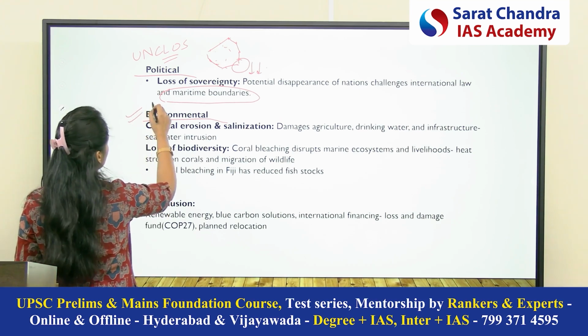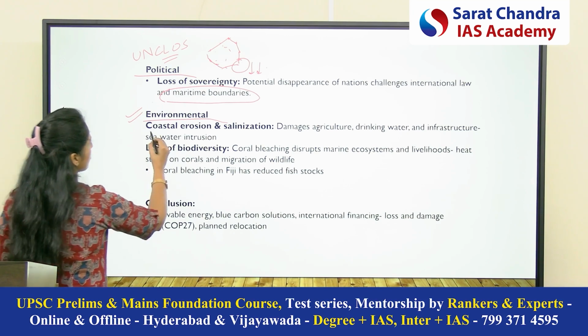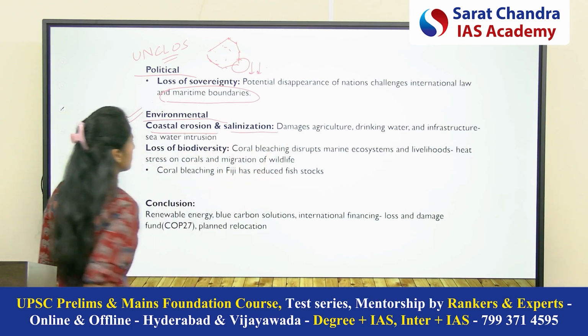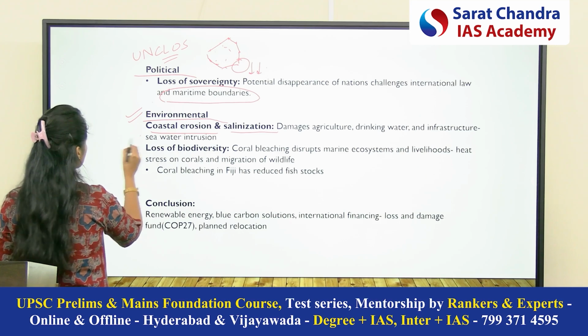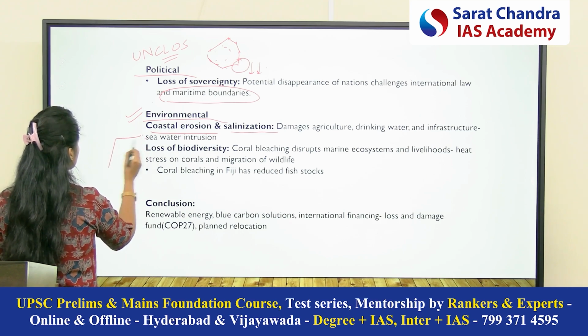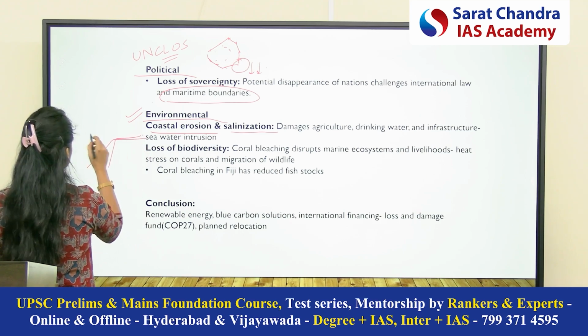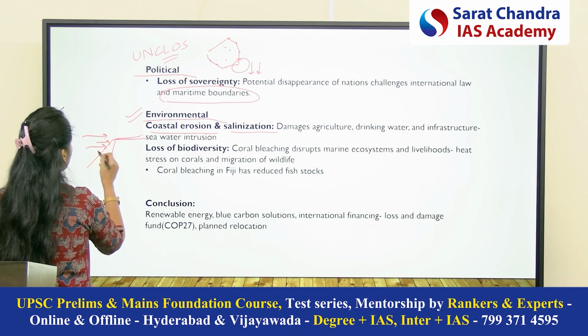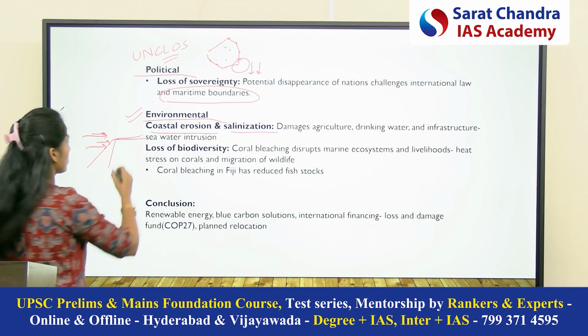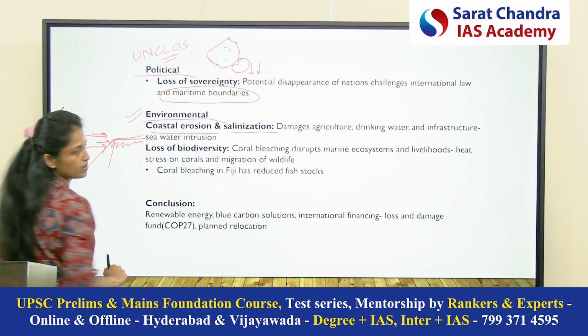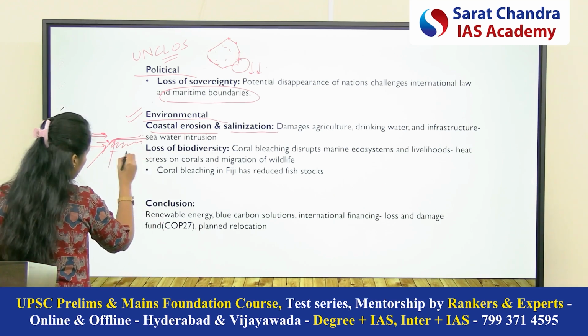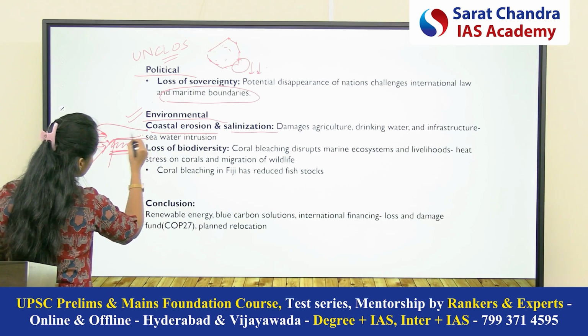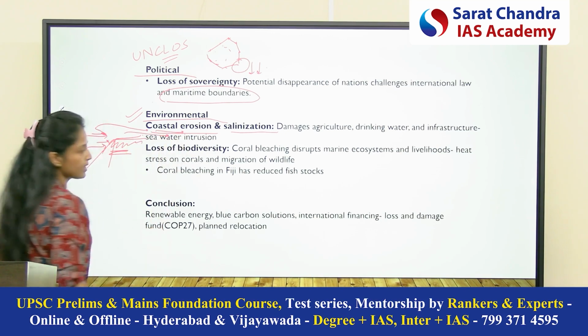So this is the issue. Now coming to the environmental issue. So first is coastal erosion and salinization. See, for example, this is your coast, and this is the seawater. Okay, so because of the energy of this seawater, this coast get eroded, and because of this erosion, seawater now can easily come to the nearby areas.